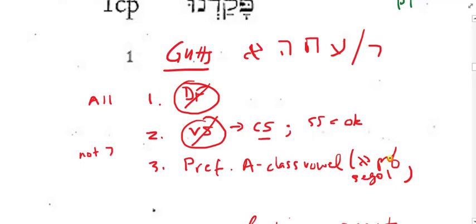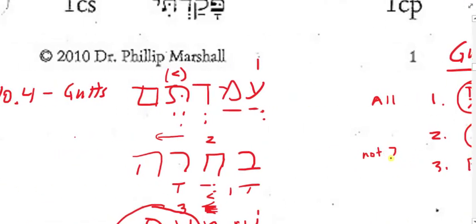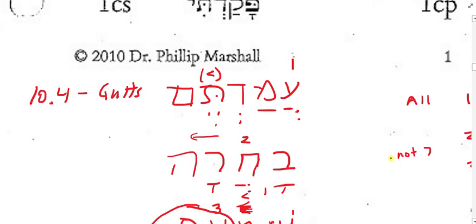But even Aleph will take an A-class vowel at times. So when you look at ROS chapter 10.4, here's the situation here. Under number 1, so this is now on page 89, he gives you the verb amad. Amad. And which one of these consonants in the verb amad is the guttural? Root 1, 2, or 3?